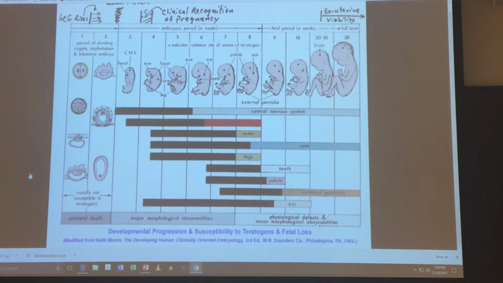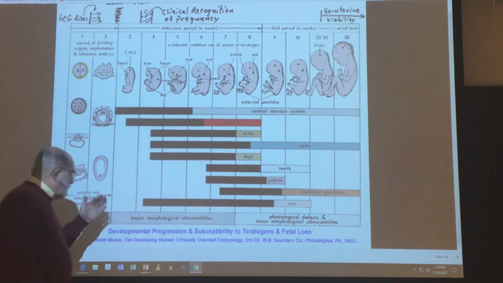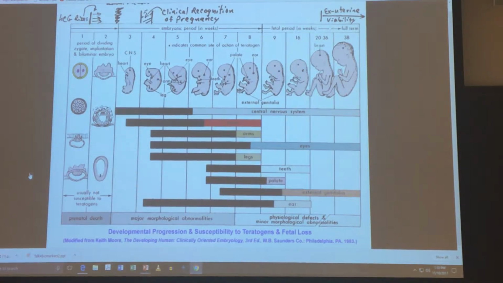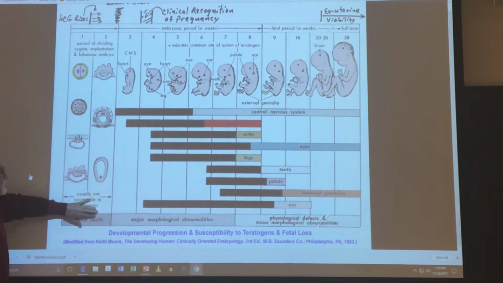This slide presents the developmental progression during pregnancy in the human or in the primate. And notice that this is the time before an anticipated menses would occur.